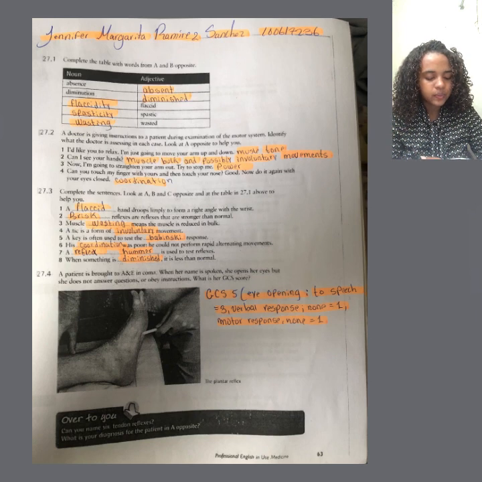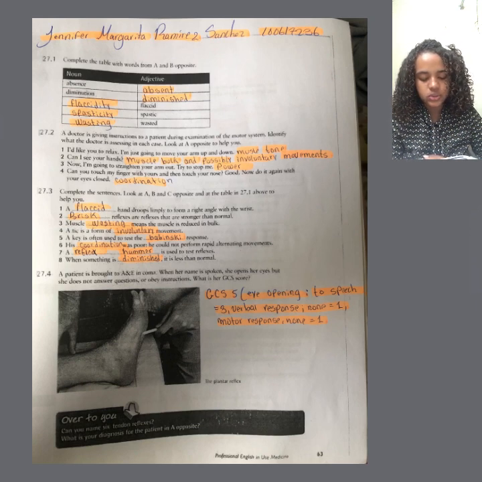A patient is brought to A and E in a coma. When her name is spoken, she opens her eyes. She does not answer questions or obey instructions. What is her GCS score?